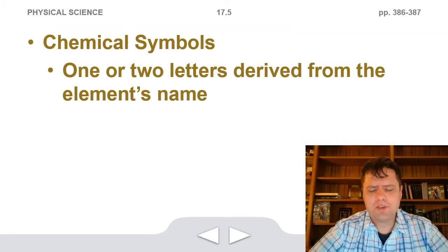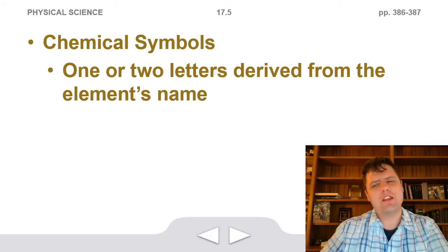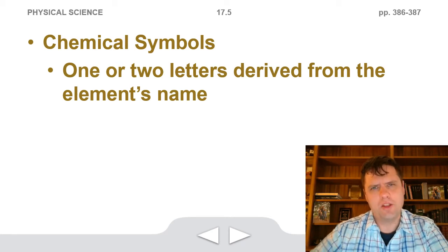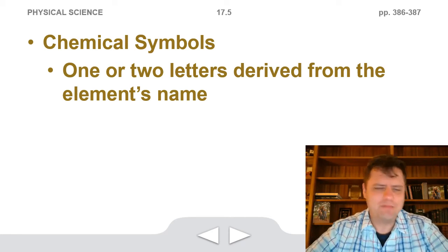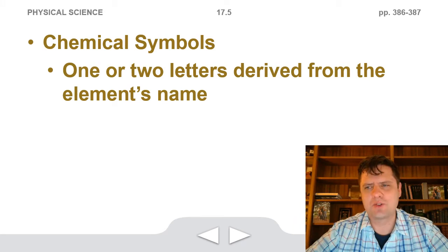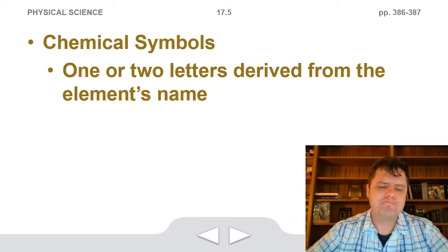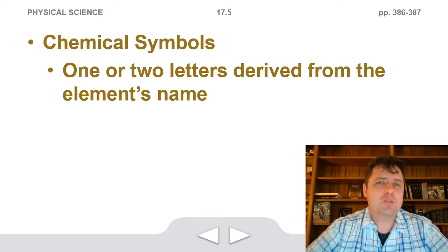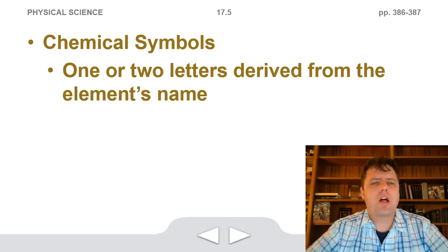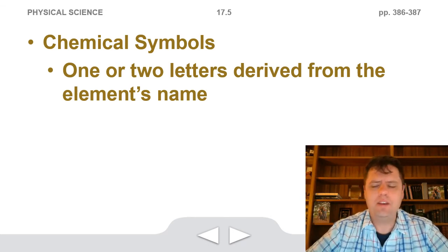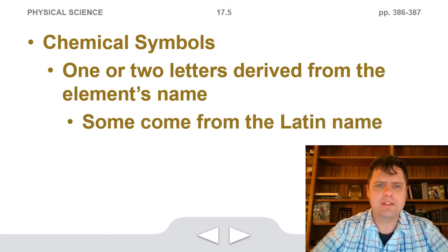So chemical symbols today are 1 or 2 letter symbols, except again for those very high numbered ones, which are being manufactured in atomic reactors or colliders. Those ones sometimes have 3 letters, but that's just because they don't have an official name yet. But all officially named elements have 1 or 2 letters derived from the element's name.